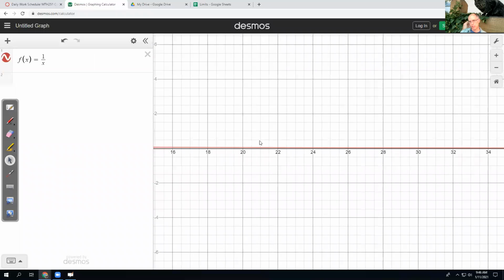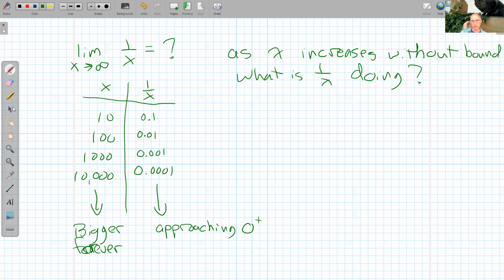And we know that this is an asymptote. So asymptotes are an important part of limits. And so we've looked at a couple of them here. So this is like the definition of a horizontal asymptote.